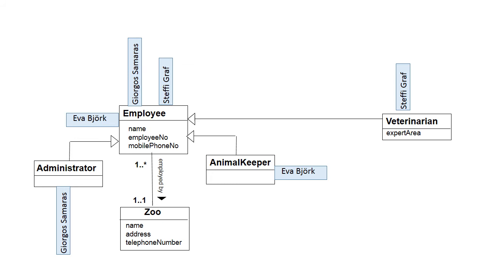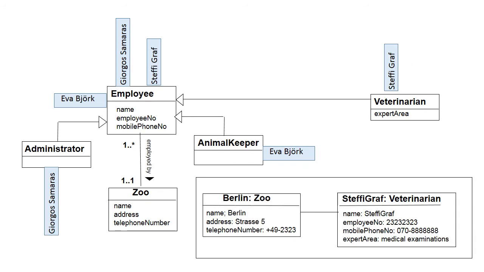That means that an object, for example, Eva Björk, is, so to say, partly represented in the employee class, and other parts are represented in the animal keeper class. And this will be obvious when we try to create an object based on the diagram. For example, we create a Steffi Graf object.